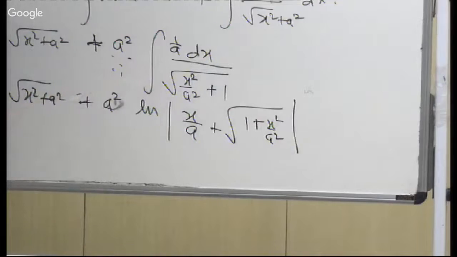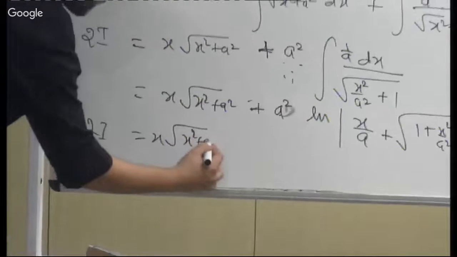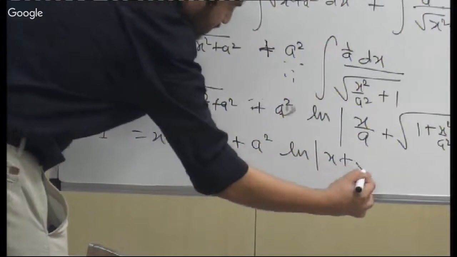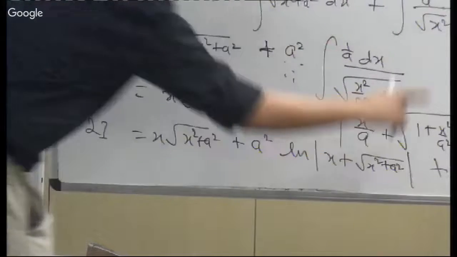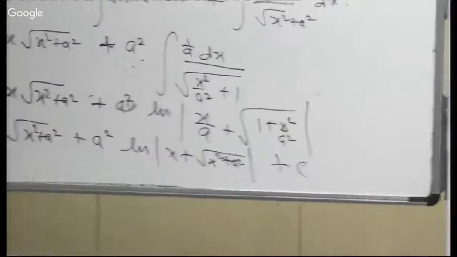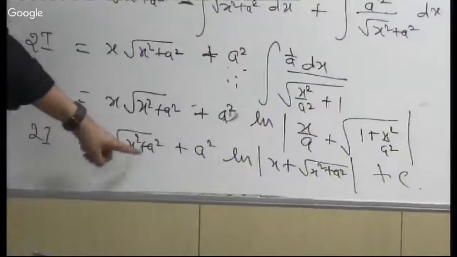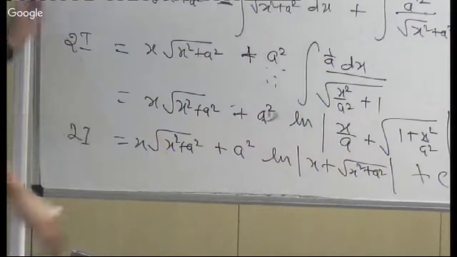So finally 2I will be equal to x into under root x square plus a square plus a square ln of x plus under root x square plus a square, plus constant. Minus log a will go out, and minus log a will be a constant, right? So what will be my answer?